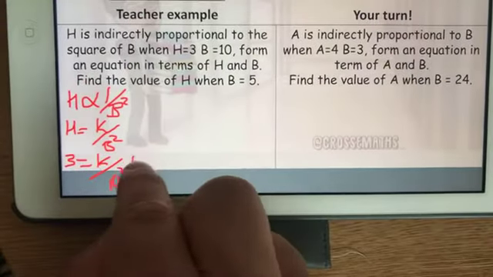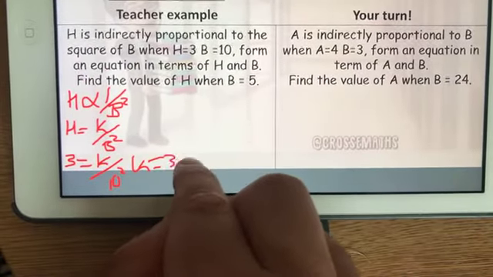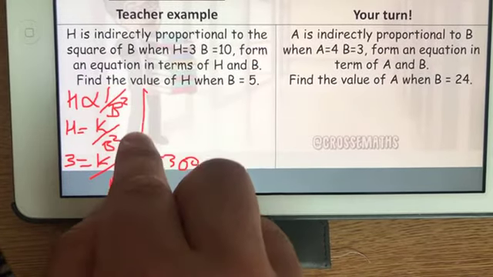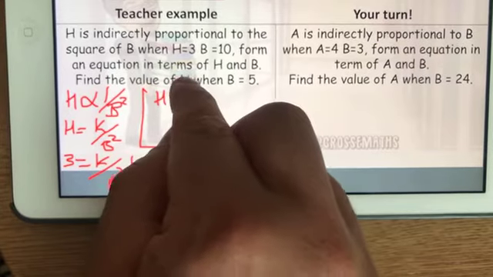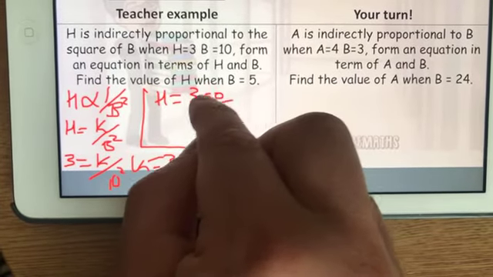K equals 300. We know our formula then for this is h equals 300 over b squared.